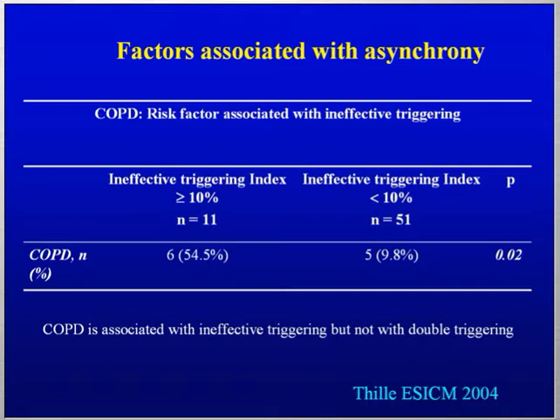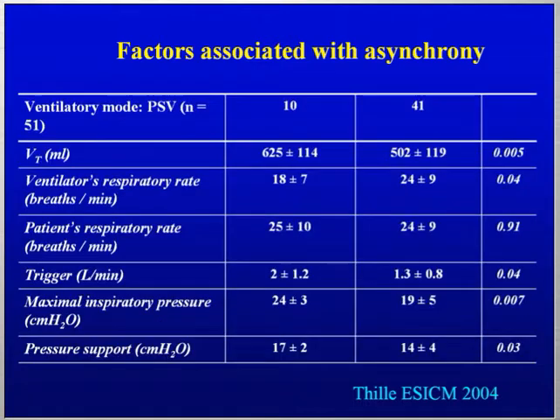It was found that in a group of 62 consecutive patients, a number of patients had a very high number of ineffective efforts. This is an index quantifying the number of ineffective efforts. And one of the main factors was the presence of COPD. In half of the COPD patients, these ineffective efforts were present for more than 10% of the breaths.